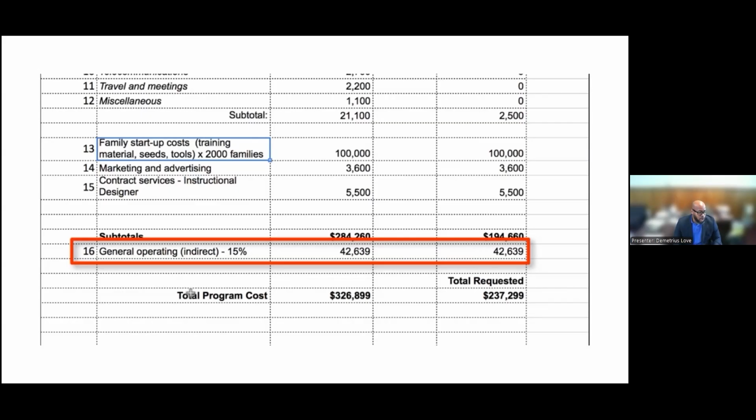Now, let's say you're dealing with five programs within your organization. You have a reading program, which you're getting a grant for. You have a literacy program, which you're getting a grant for. You have a health program, which you're getting a grant for. You have an economic development program, which you're getting a grant for.